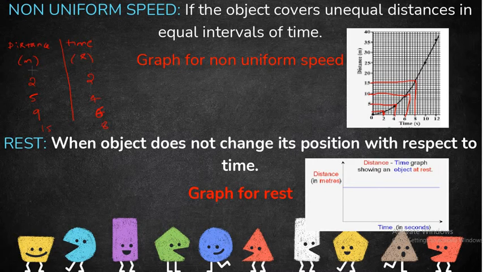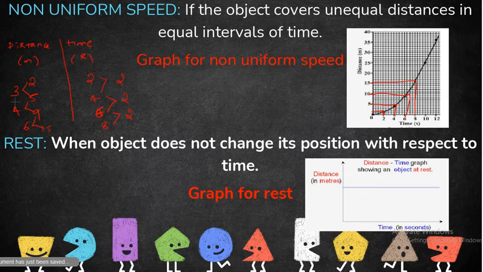Here I will say the object is said to be at non-uniform speed. Why? Because I need to take the difference. What will be the difference? 5 minus 2 is 3, 9 minus 5 is 4, and 15 minus 9 is 6. Correct? So here if I take the difference in time, 4 minus 2 is 2, 6 minus 4 is 2, and 8 minus 6 is also 2.